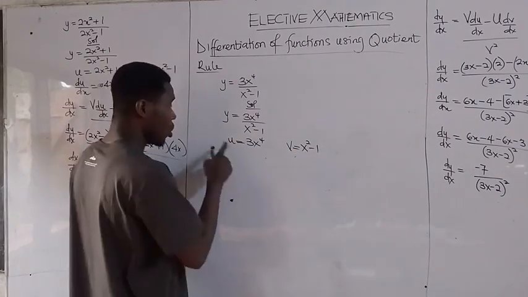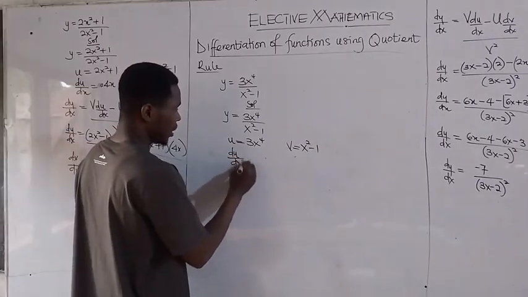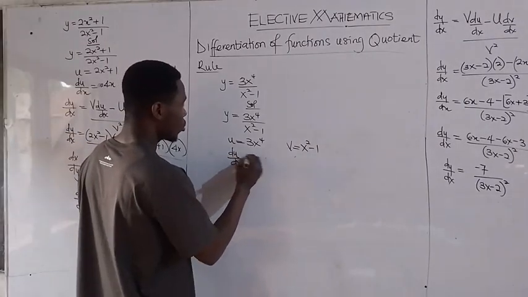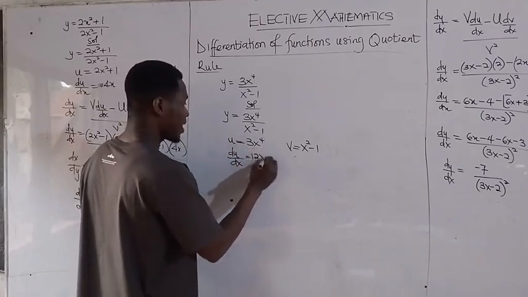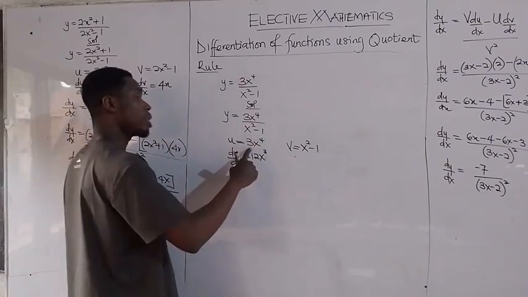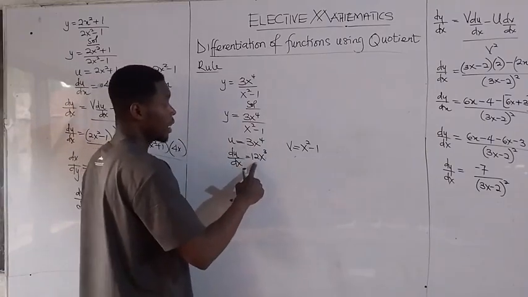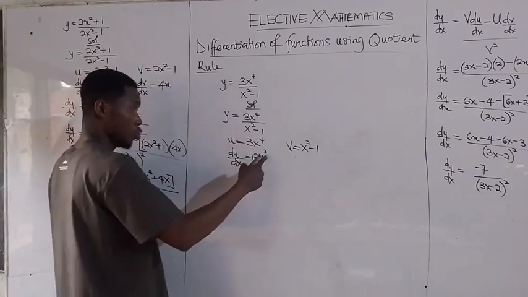We differentiate u with respect to x. So du by dx is equal to, when you differentiate this, you get what? 12x cubed. Because 4 will come and multiply 3, giving us 12. Then you subtract 1 from the exponent. You have 3.